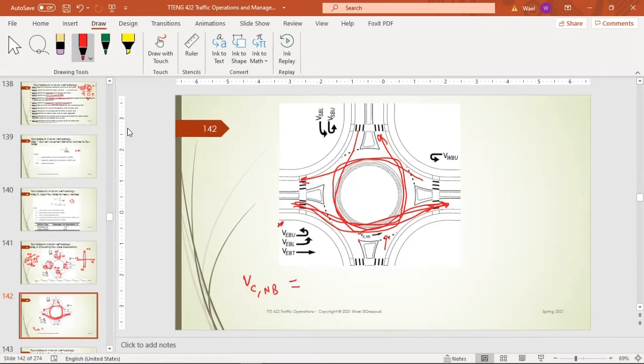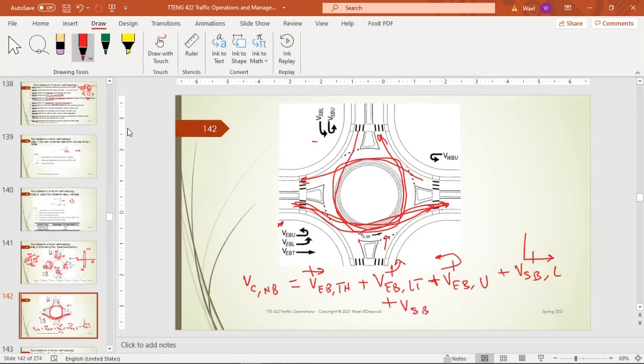So we start with the eastbound, V eastbound through, because going this way, and V eastbound left turn, and plus V eastbound U-turn, plus volume southbound, which is here, left turn, okay, plus V southbound U-turn, plus V, this one, westbound U-turn.